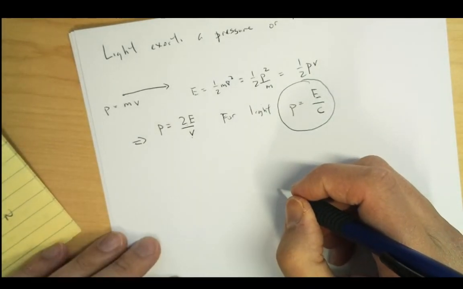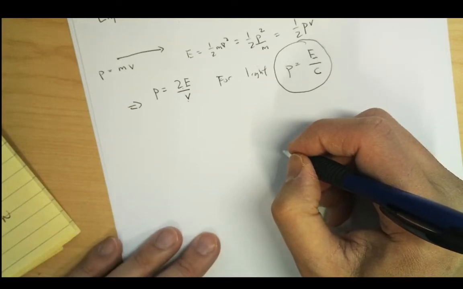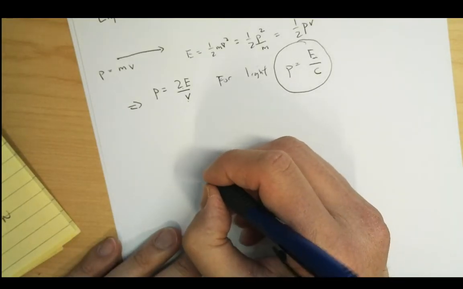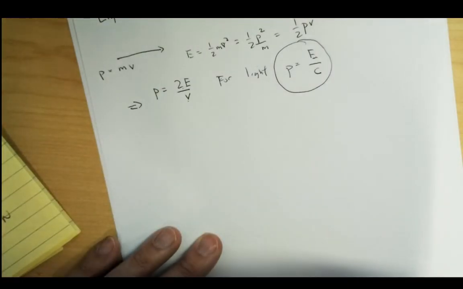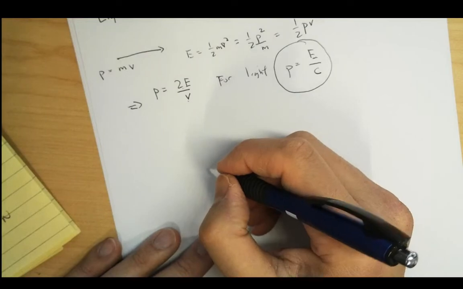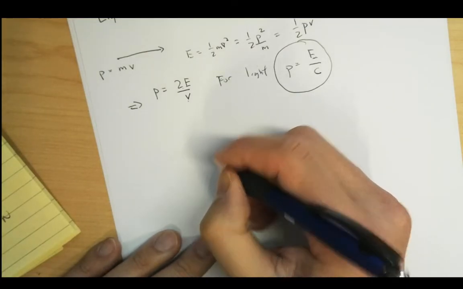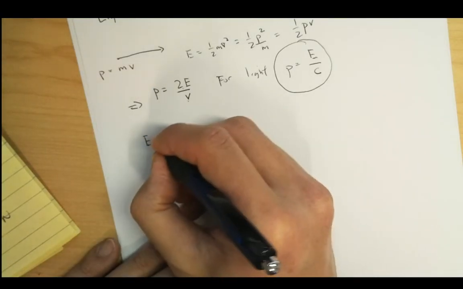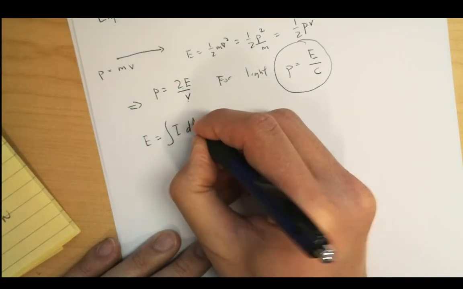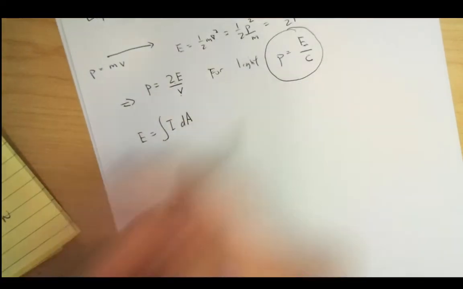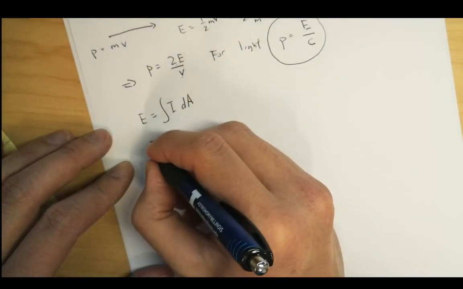E is just the integral of I, the intensity, times the entire area.